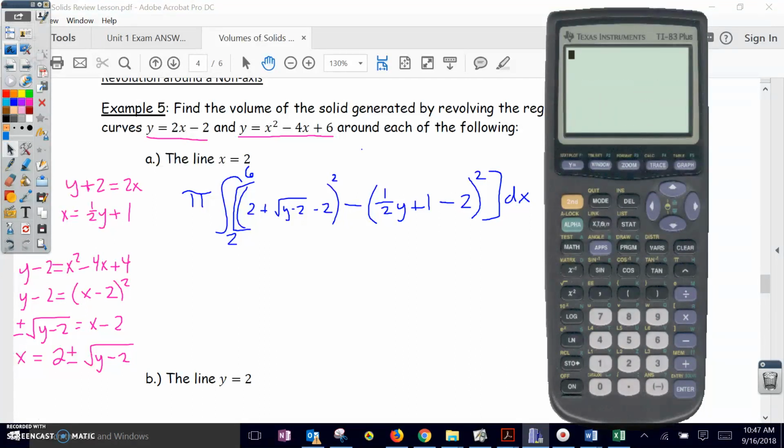Alright, so we've got pi times the integral of the quantity 2 plus square root of y minus 2 quantity squared. So I'm just going to type that into my calculator as x minus 2.